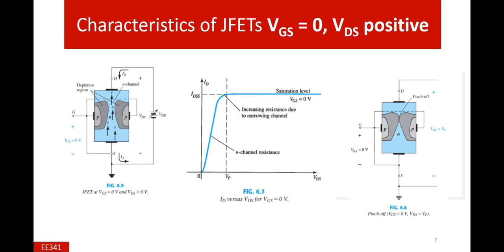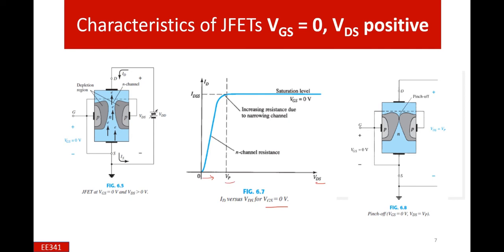This situation can be understood with this diagram. For example, if we increase the voltage VDS with VGS fixed at 0 volt, at a certain level the depletion regions just coincide, and this is the pinch off situation, and the applied voltage VDS is the pinch off voltage.